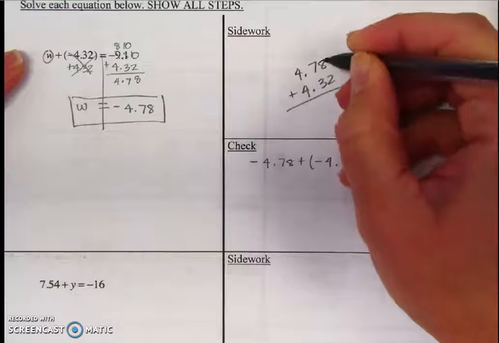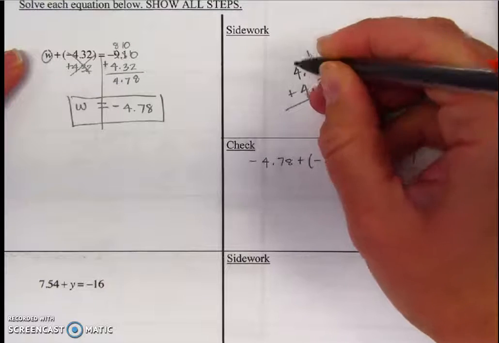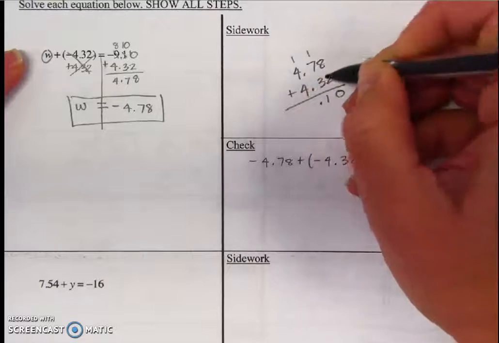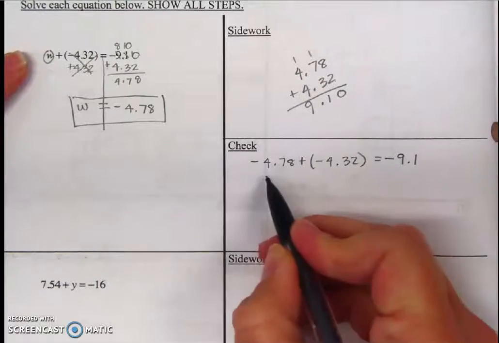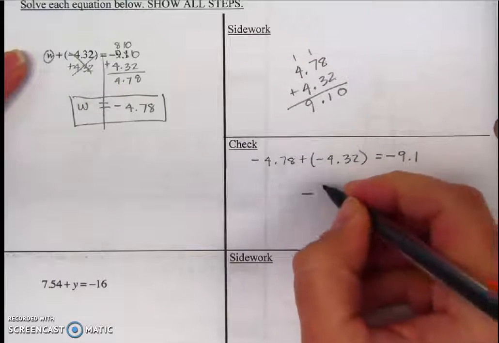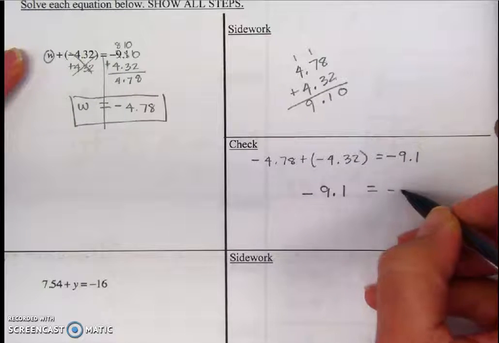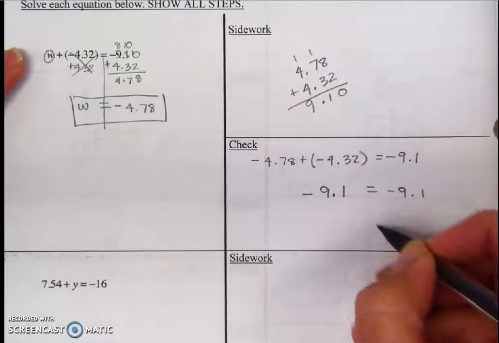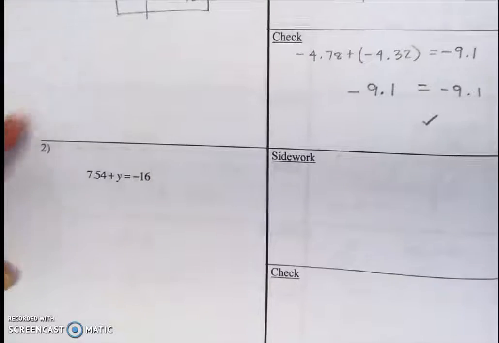Let's see what we get. 8 plus 2 is 10, carry the 1. This is 10 and 11, carry the 1, bring down the decimal. And 4 plus 4 is 8, plus 1 more is 9. So that tells me this would be negative 9.10 or negative 9.1. The other side says negative 9.1, so we know we're correct. Check.